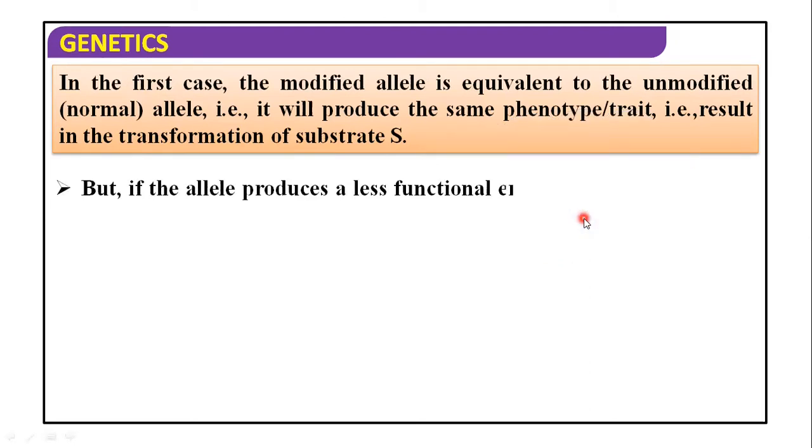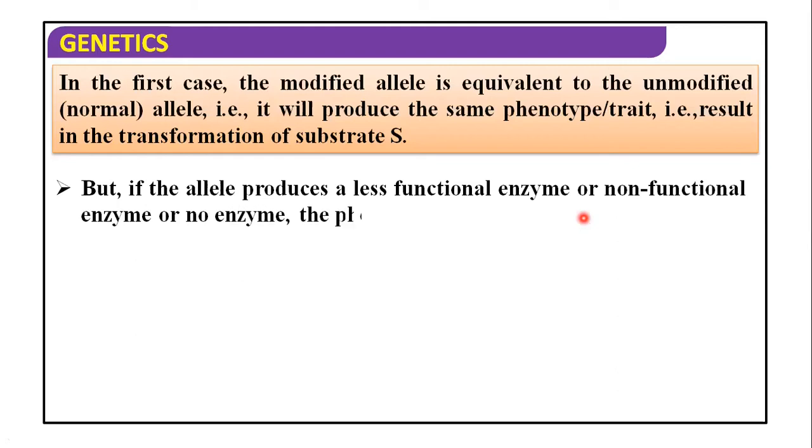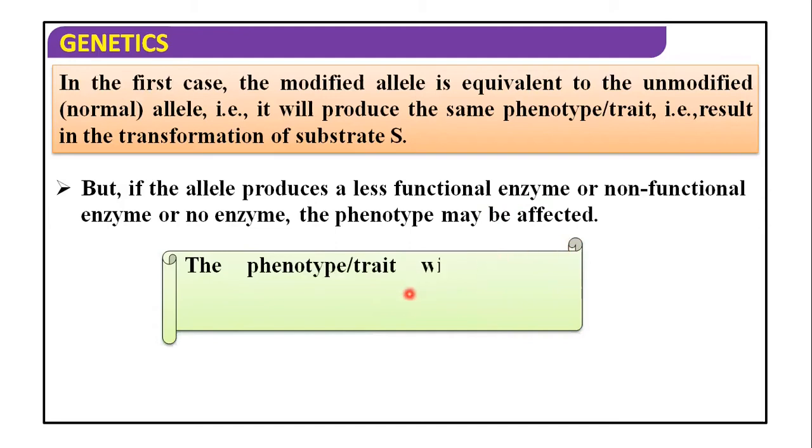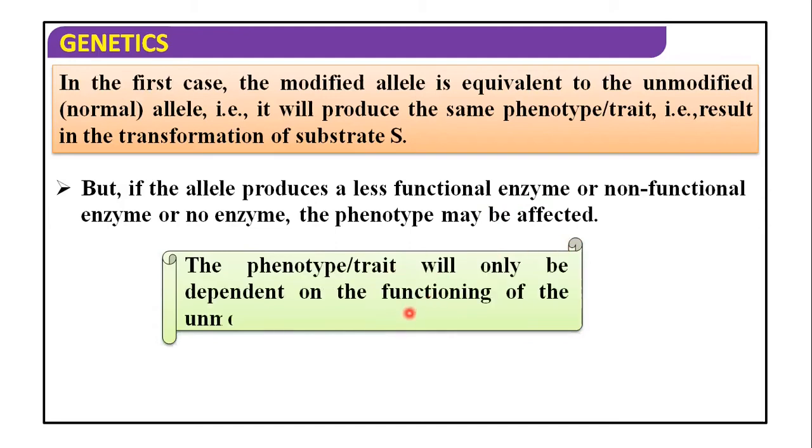But if the allele produces a less functional enzyme, a non-functional enzyme, or no enzyme, the phenotype may be affected. So the phenotypic trait will depend only on the functioning of the unmodified allele.